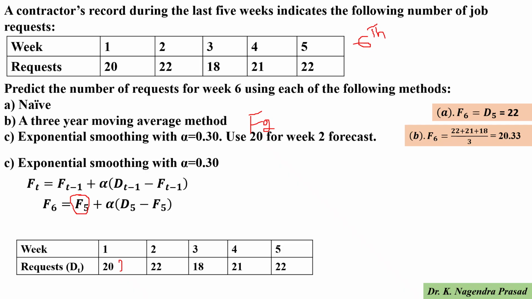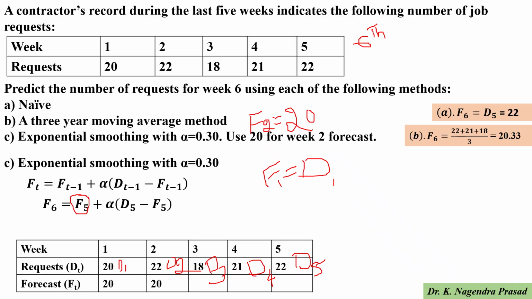D1 equals 20, D2 is 22, D3 is 18, D4 is 21 and D5 is 22. Moreover, F2 is given as 20, and we know that the forecast in the first week, F1, is equal to the actual demand of the first week, D1.